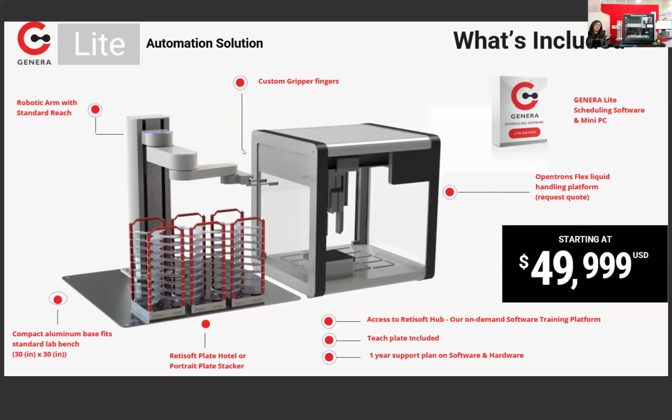So this right here is our light automation bundle. Kind of what you see in the back of Elizabeth, this bundle includes a robot arm, 3 hotels, a platform, and the Genera Lite with 3 instrument connections, not including the arms. The arm does not count as an instrument connection.